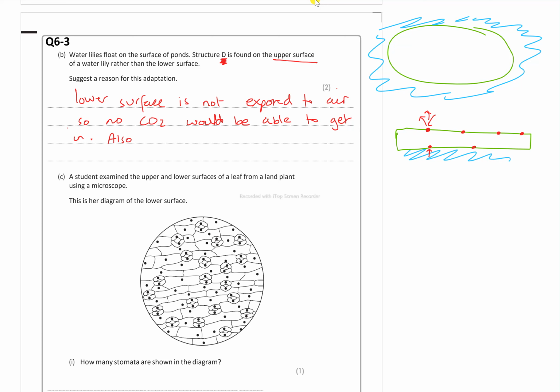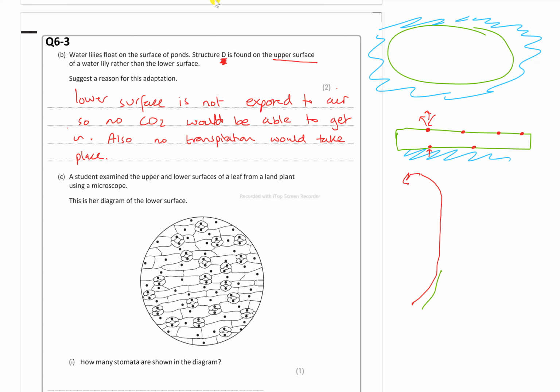Also, no transpiration would take place. And what is transpiration? That's when the water comes in through the roots, up the stem and out of the leaf.